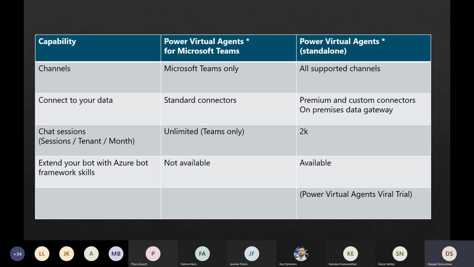If you are using standalone, then premium and custom connectors are available for you to use under that license. Now the chat sessions. It's a bot, so of course it is to chat with your customer. How many chat sessions can you, your internal team, or your customer have under Microsoft Teams? There is no limit. It's unlimited. You can keep talking to your bot as long as you want.